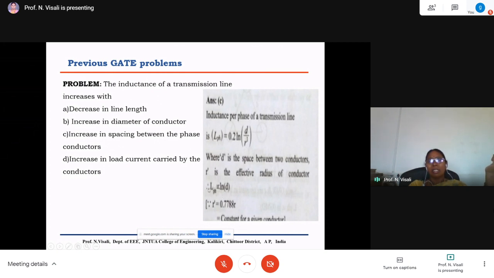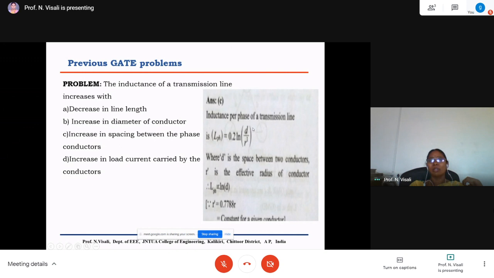So L inductance is directly proportional to the logarithmic value of D. R dash is almost a constant value. So when the distance increases, automatically the inductance increases. So that is the meaning in this.